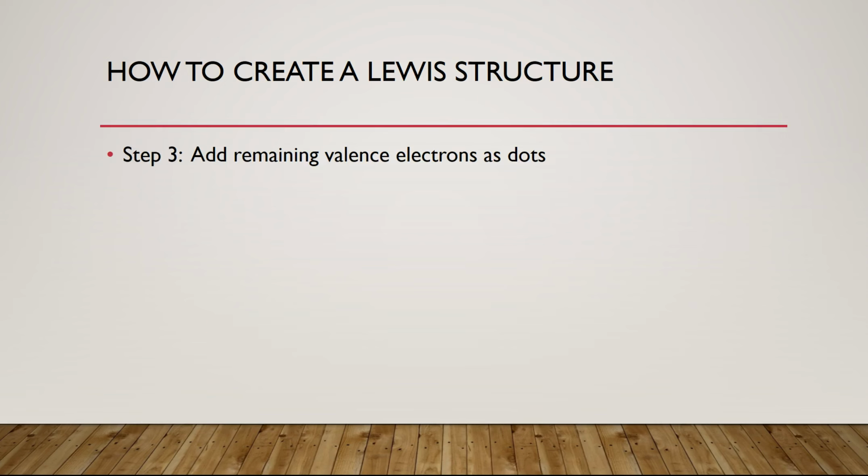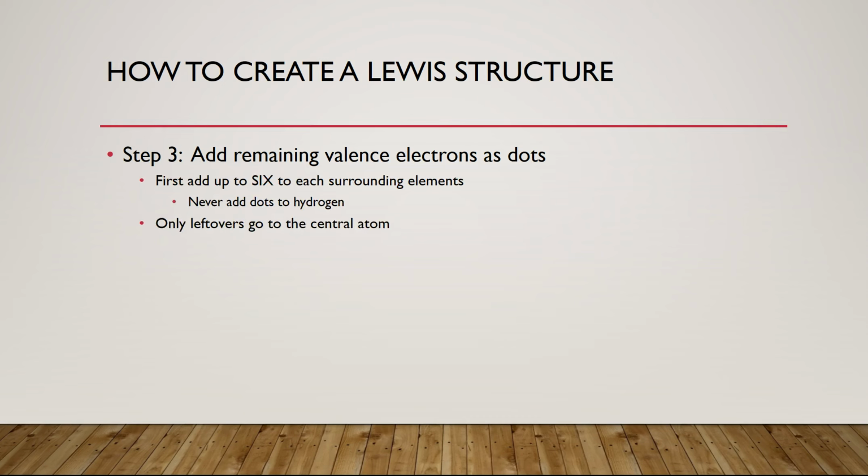Moving forward then, now I have to go back and identify the remaining valence electrons and put them as dots around the surrounding elements, right? So I'm going to first add up to 6 to each surrounding element. I'm never going to add dots to hydrogen, so I'm going to go back and just rewrite my skeleton structure.